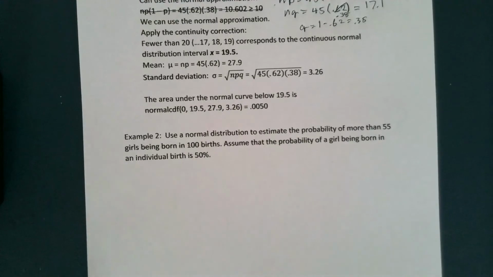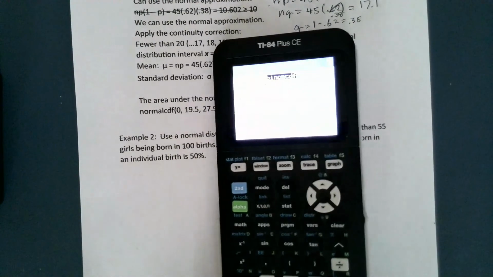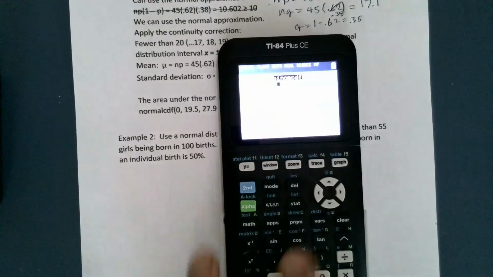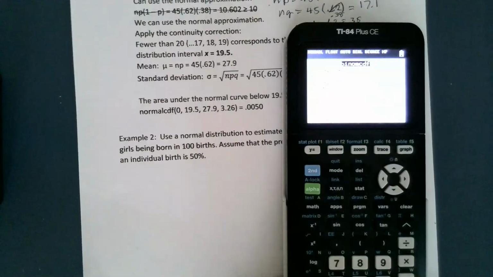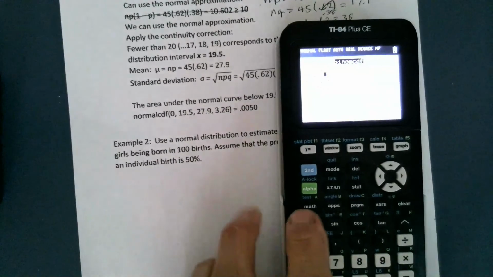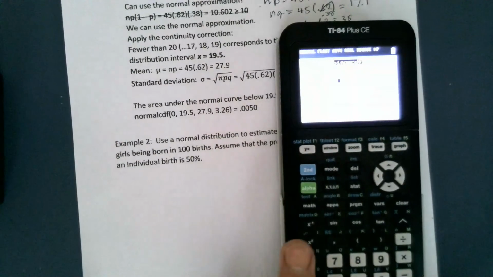Now, just to compare with the exact answer, we'll calculate the exact answer for comparison. We can use binomial CDF. So 45 is the number of trials. p would be 0.62. And then x would be 19.